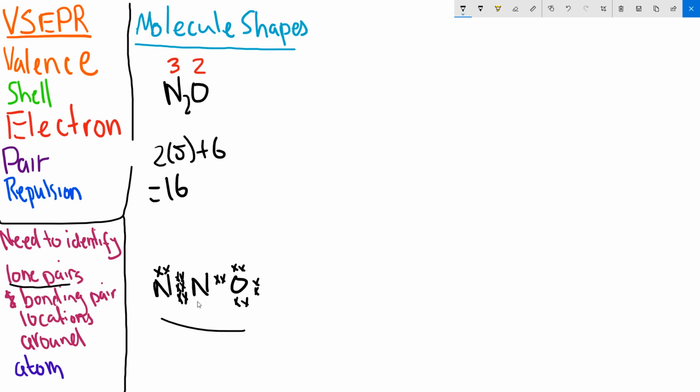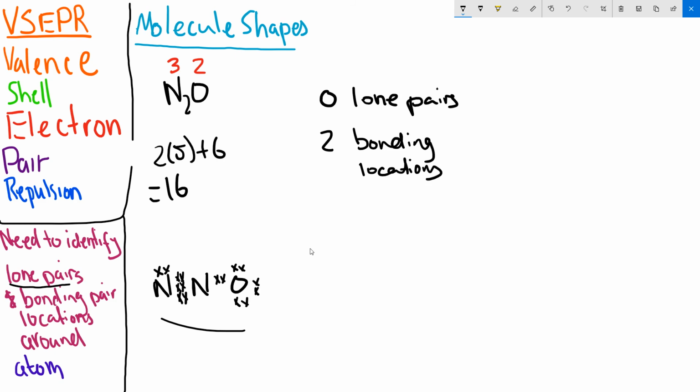Alright, so now, to determine the molecule shape, I look at the number of lone pairs and bonding pair locations. So for N2O, I have 0 lone pairs around that one nitrogen atom, and I have 1, 2 bonding locations. We can start to see the shape already.